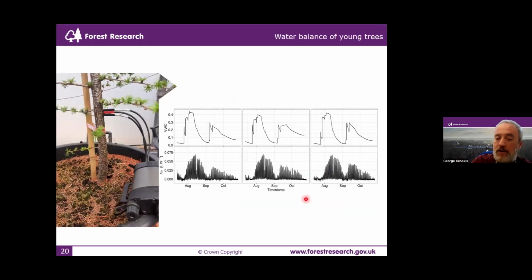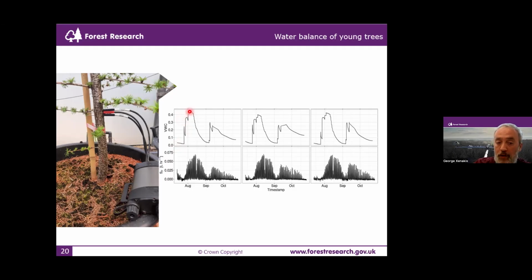And so using these sensors, as I said, over a few months, we can monitor the water uptake of the trees, from different types of trees and different sizes. So for example, here you see we've done it in young trees in pots, where we water them.